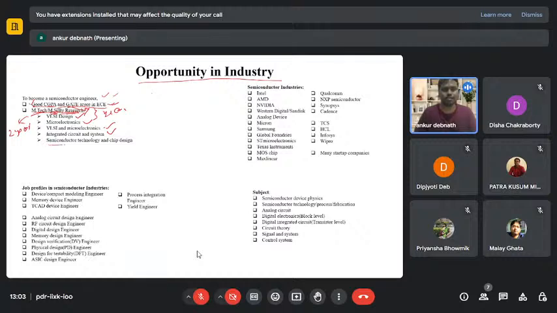There is semiconductor technology and chip design. These are all more or less similar, with some subject differences. You can go for any of these, or many other equivalent names. I am not going into that, but these are the main ones: VLSI design, microelectronics, VLSI and microelectronics, integrated circuit system, semiconductor technology.